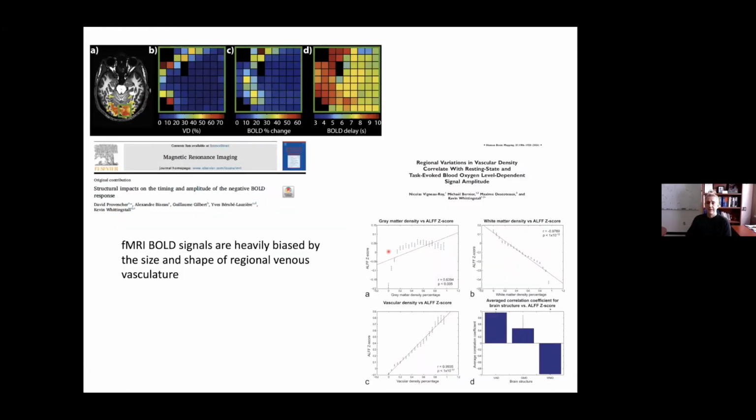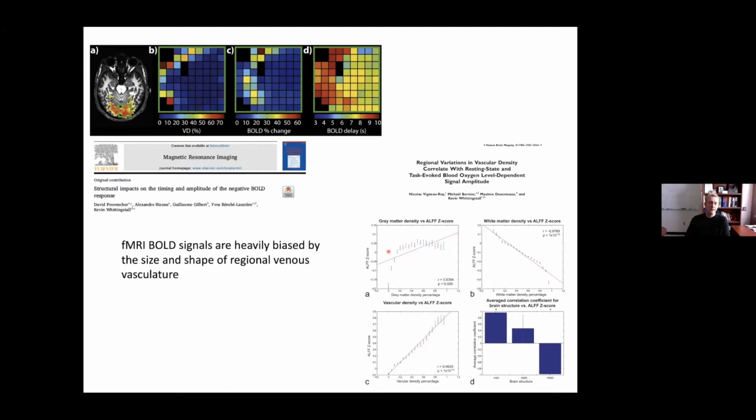And one of the first applications that we took these methods to was looking at the venous vasculature. So we focused only on the position of the cerebral veins. And what we found was that the BOLD signals that we measure were heavily biased by the position of these veins.